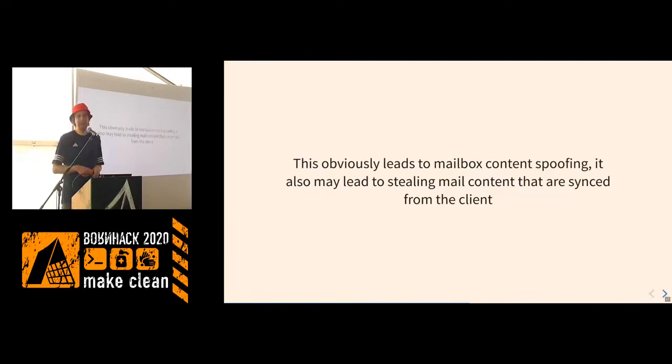But it may also lead to stealing mail content, because, for example, some clients will start to synchronize the mailbox if they connect with the server and the server has different mailbox content. So they may upload data from some folders. So yeah, this is also a pretty bad bug.